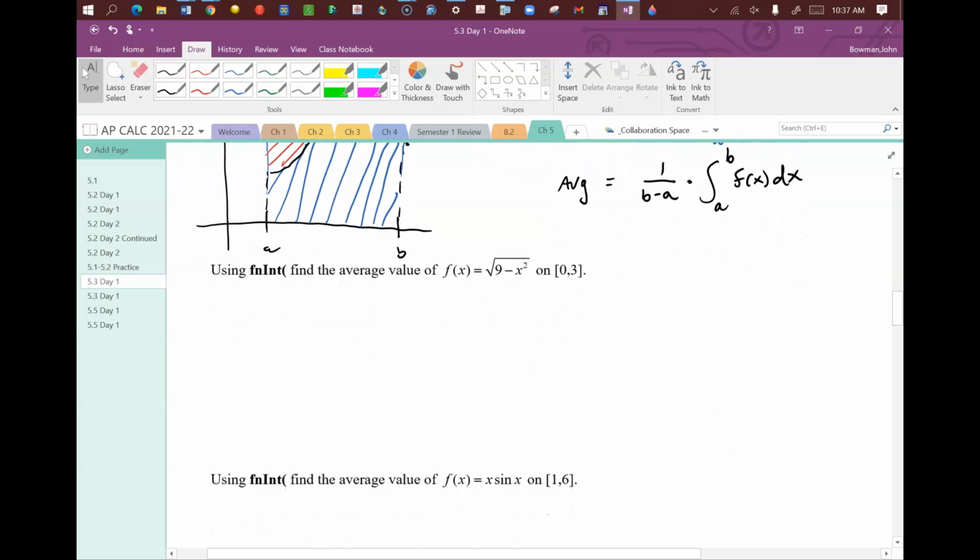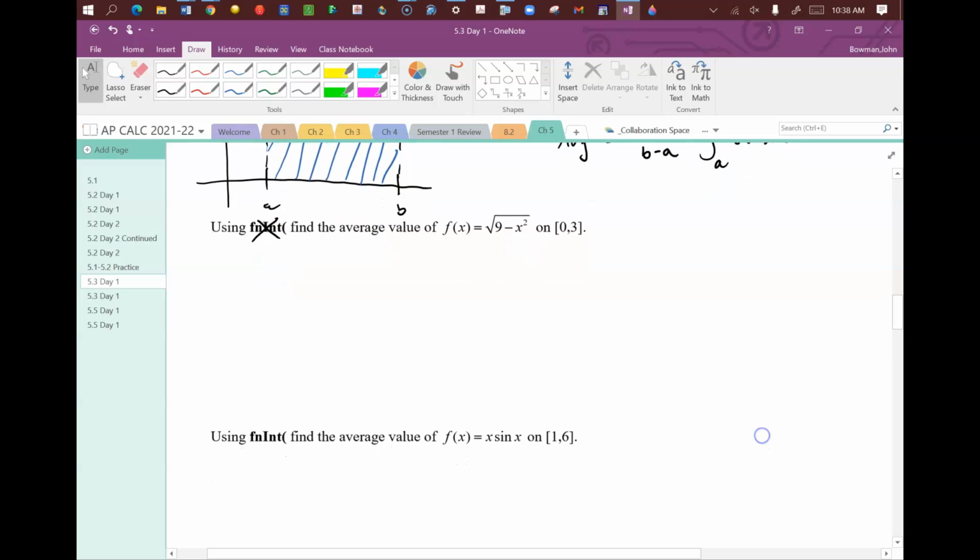The first one says use fn int. We're not going to do that because in the previous video we learned how to deal with this. So if you did a little bit of algebraic manipulation to figure this out, you would figure out that this function f of x is the top half of a circle with a center at the origin with a radius of 3.